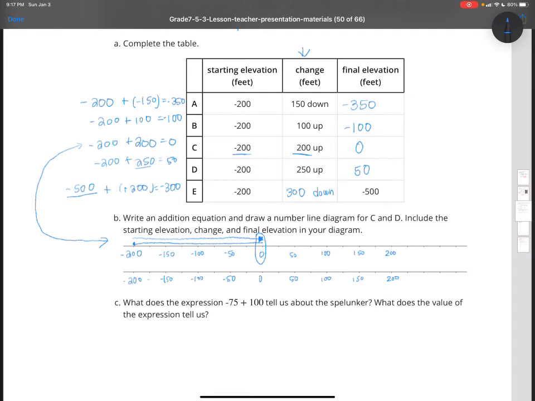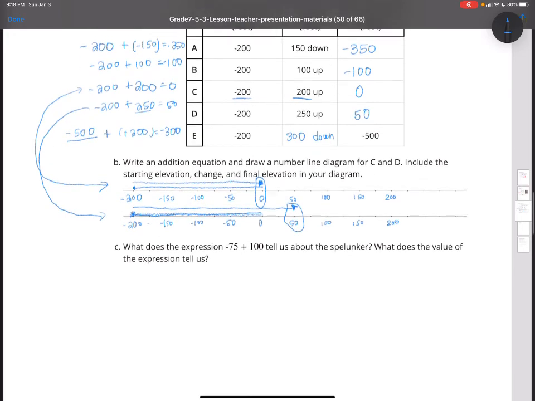So with this one, we did this equation as well, so I'm going to point to that one. I'm going to start at 0, go all the way to 200. I need to do better with my arrow. There we go. And then I need to go back 250. It's counted by increments of 50. So 50, 100, 150, 200, 250. And we land at 50.